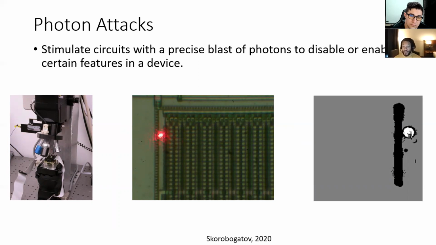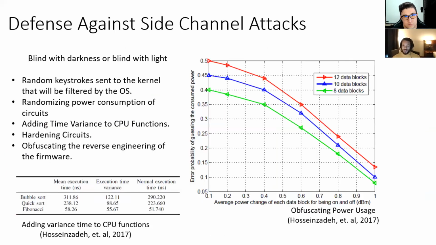And if we want to attack something using photons, or in this case, a laser, for example, we can shine a laser on a transistor, and it's going to suppress or deny that function from happening successfully. And if that function is a security critical function, we can stop that from happening with this photon attack.